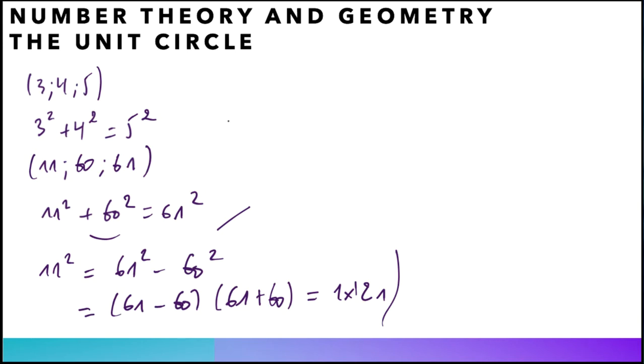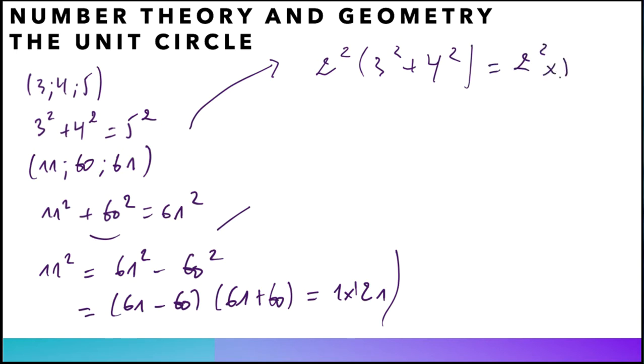Actually, there are infinitely many Pythagorean triples, and we can derive many of them in the following fashion. Indeed, you can multiply this equality here by 2 squared to get 2 squared times 3 squared plus 4 squared equals 2 squared times 5 squared.